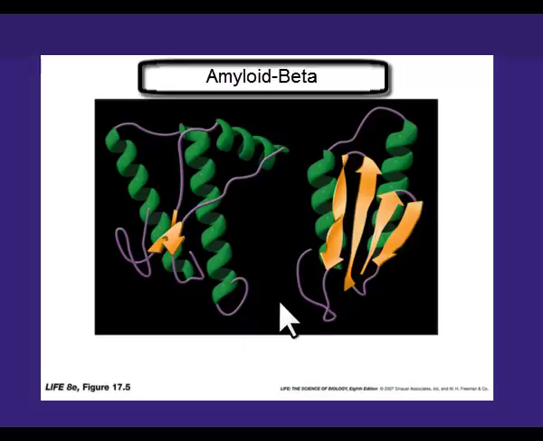On the right-hand side of your screen, you can see the misfolded protein. This misfolded protein causes lots of problems for people who have it because they aggregate together and form what are called plaques. These plaques are what have been found in the brains of Alzheimer's patients. So obviously there's a lot of work going on to figure out what causes these proteins to misfold and whether there can be a treatment for it.